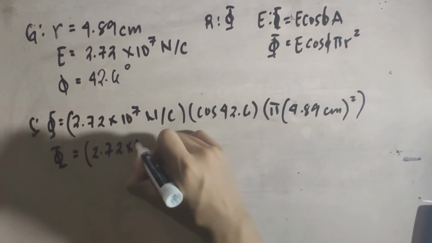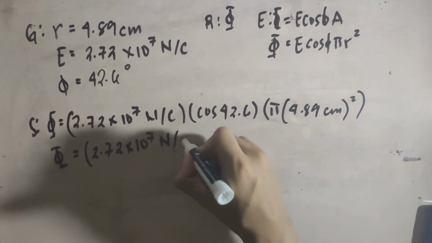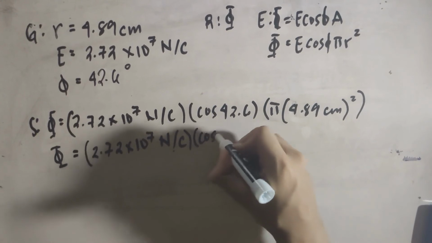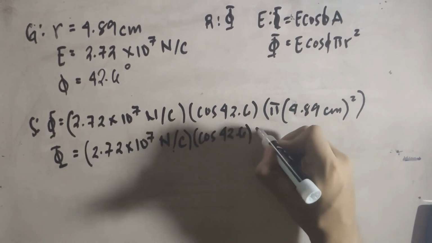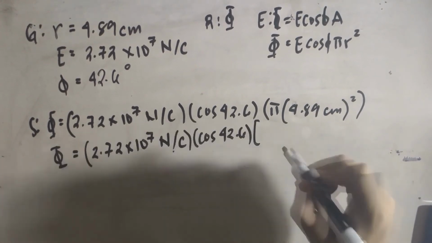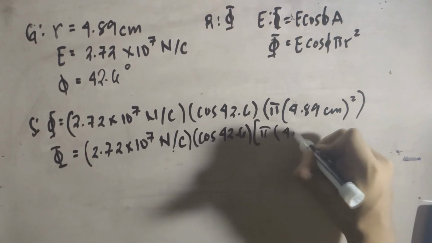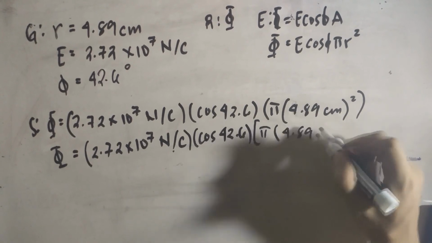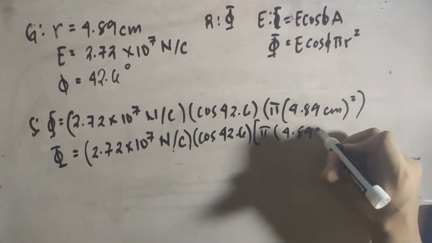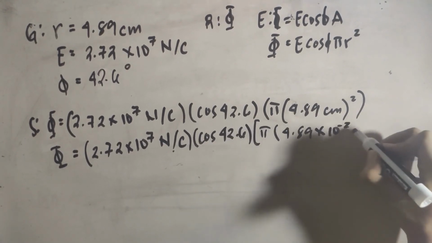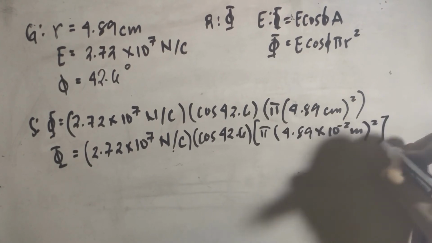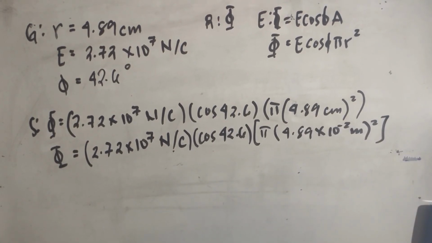So that would be 2.72 times 10 raised to 7 newtons per coulomb times cosine 42.6. Okay, so I'm going to use bracket here because we're using parentheses here. So this is 4.89, this would become times 10 raised to negative 2 meters to be squared. There. After that, you can now input this to your cycle. Alright, so let's do that.